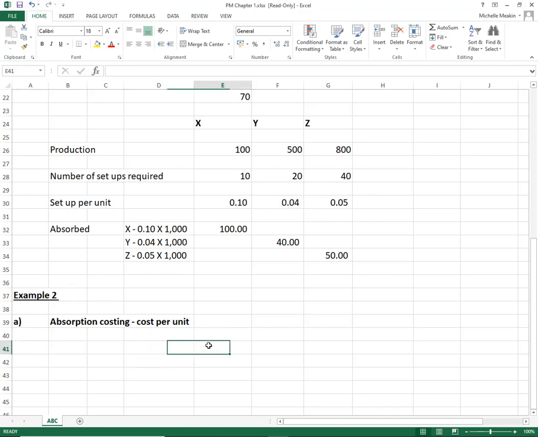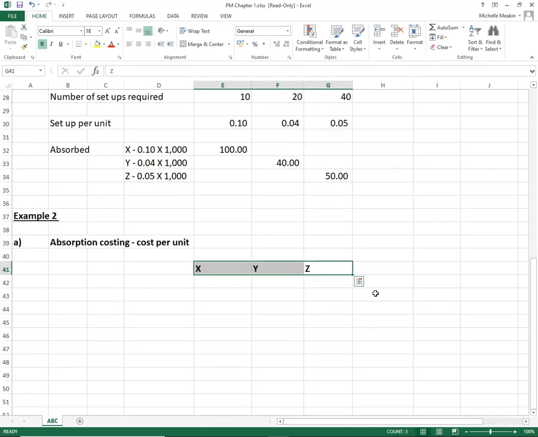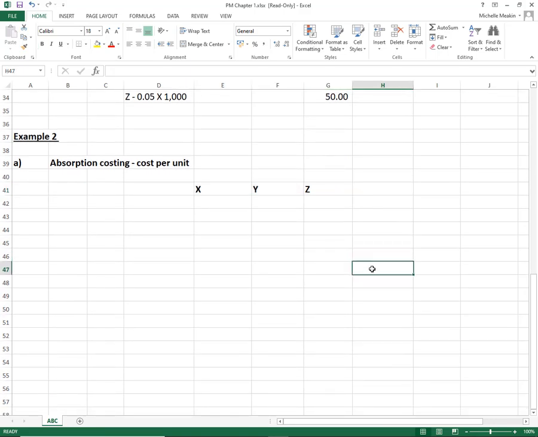If we start with our bog standard cost card, I'm going to take down our 3 units that we produce, X, Y, and Z. We start in our cost card with our direct costs. So direct labour, first of all. You are told within the question direct labour costs $6 per hour.